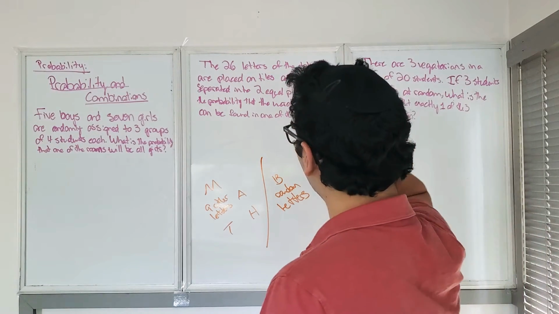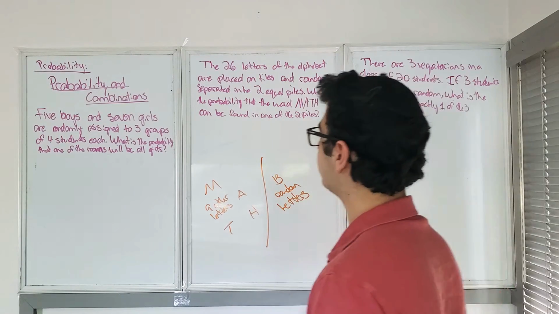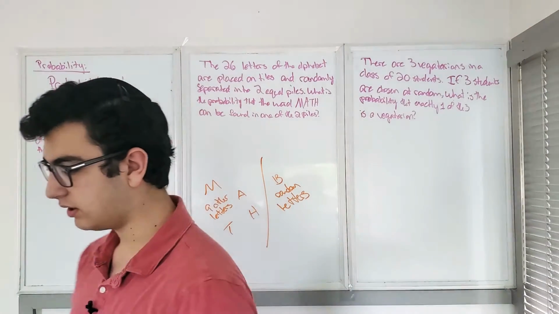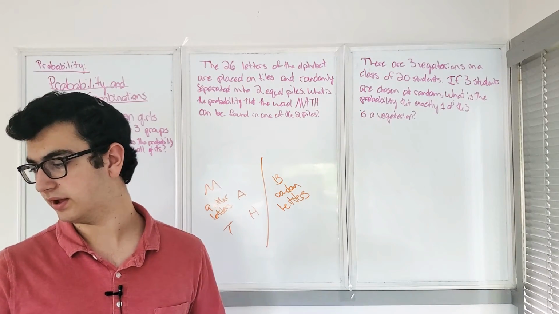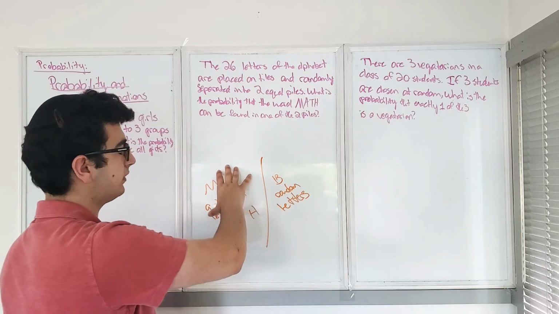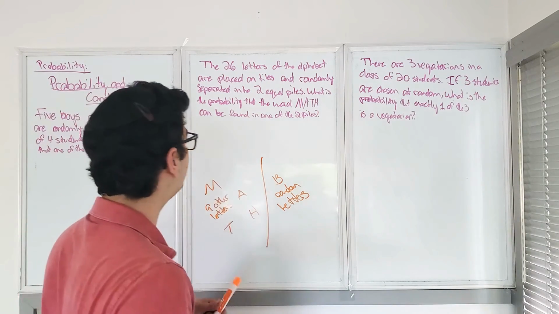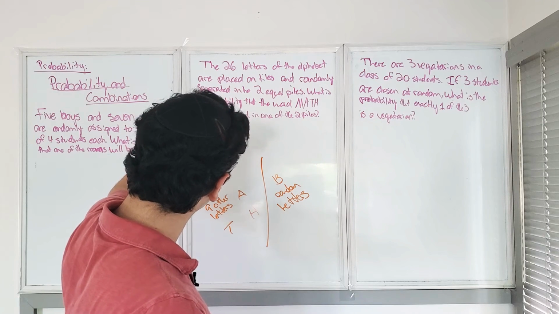So we need to find out first the denominator. What's the total ways that this could happen? We have 26 letters, and the total ways that we could choose one of the piles would be 26 choose 13.